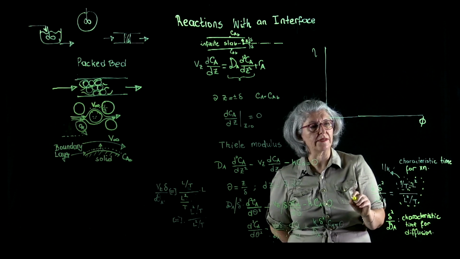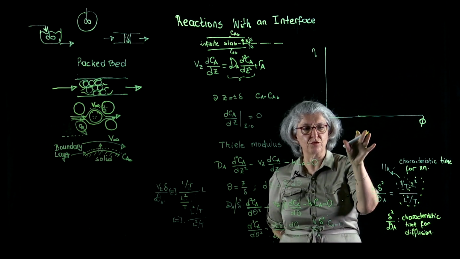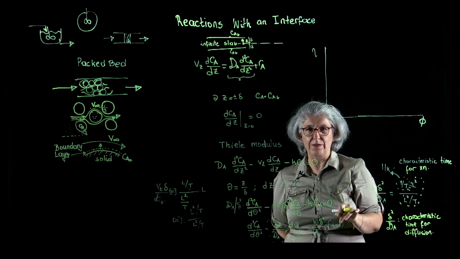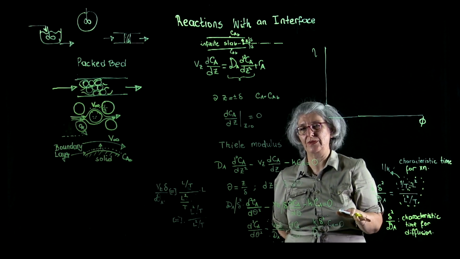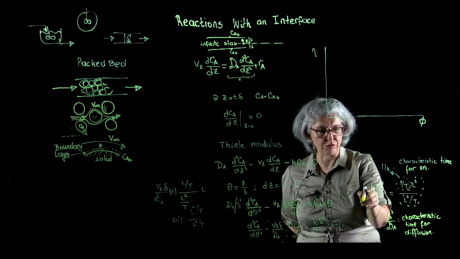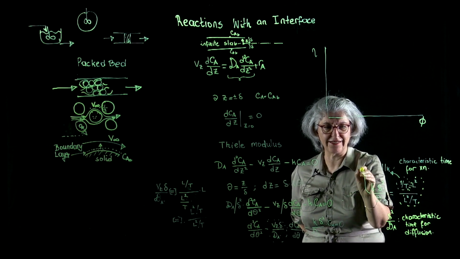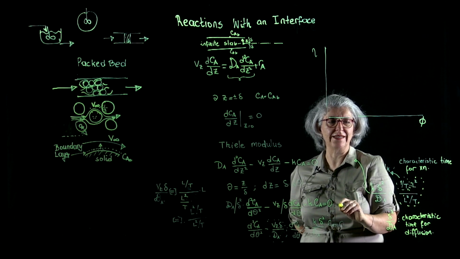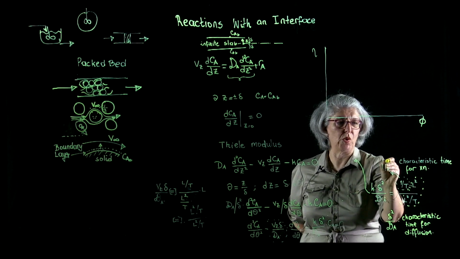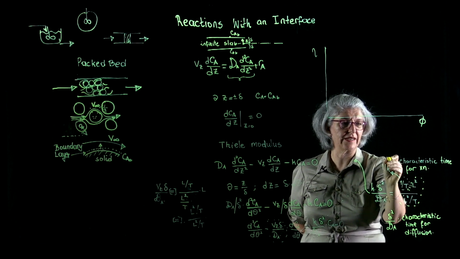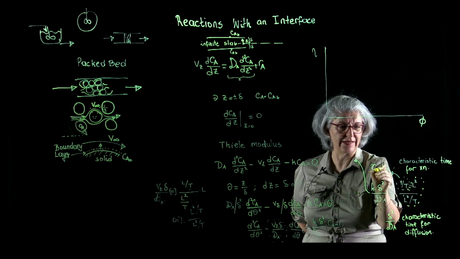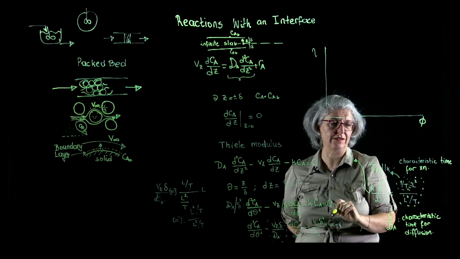Now when we compare the characteristic time for reaction to the characteristic time for diffusion, we will know which one is dominant. All right? So this group, k delta square over D_A, let me call this characteristic time for reaction as tau sub R for reaction.